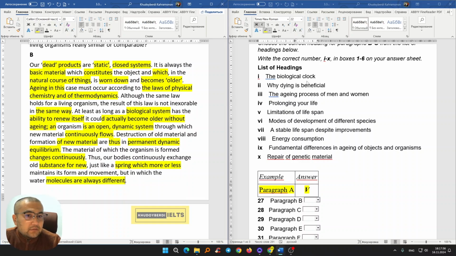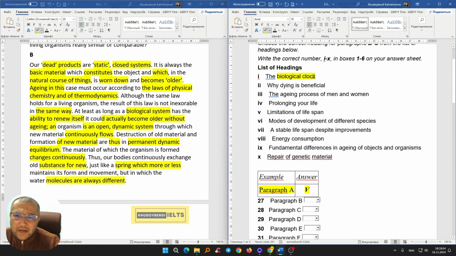And what kind of headings do we have here? The biological clock. Is it talking about the biological clock? I don't think so, right? Why dying is beneficial?